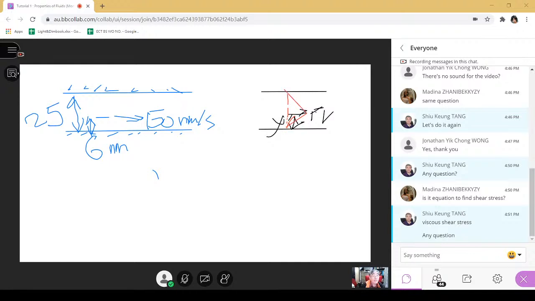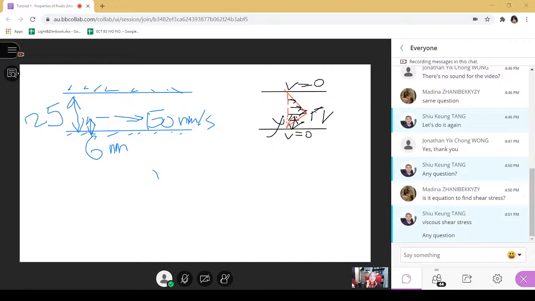Okay, our velocity profile. So at the wall, velocity is 0. The wall velocity is 0. And the velocity varies linearly with distance from the plate.